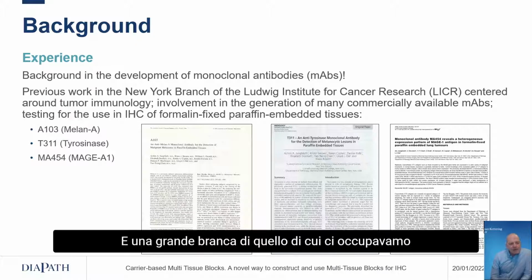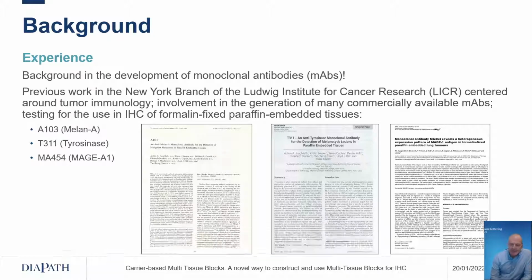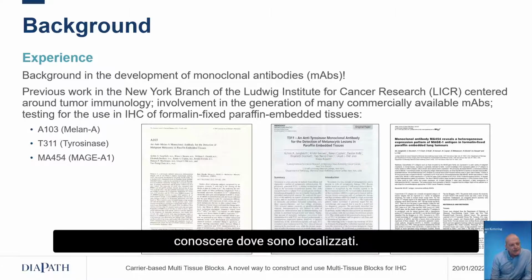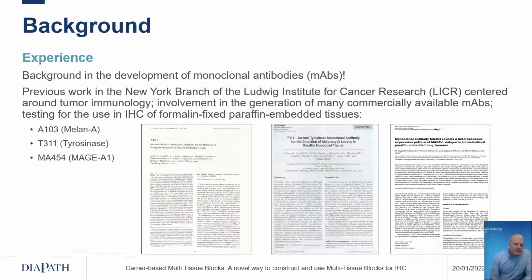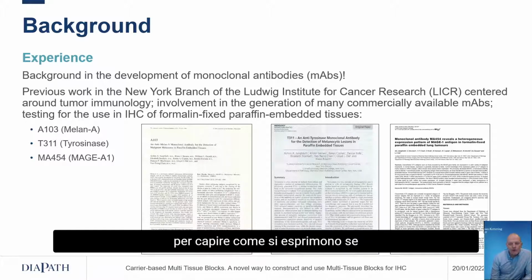One big arm of what we were doing was also therapeutic antibodies, but also diagnostic antibodies. For a lot of cancer antigens, you really have to know where they are present. So by doing tumor immunology, we were also forced to do diagnostic work and check where certain tumor proteins, antigens are expressed, because you want to know how they're expressed if you design a vaccine against those antigens.